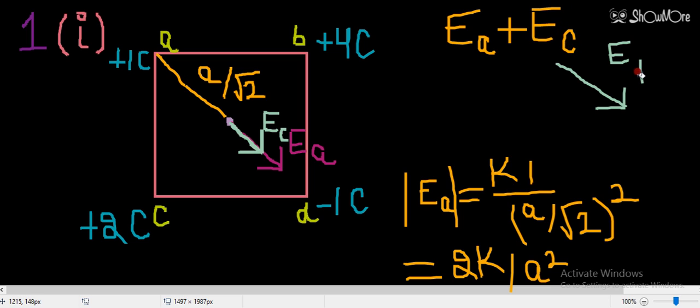So the magnitude of E1 will be 4K by A square. This is the magnitude of E1. You can note down up to this point. You can pause the video and note down.